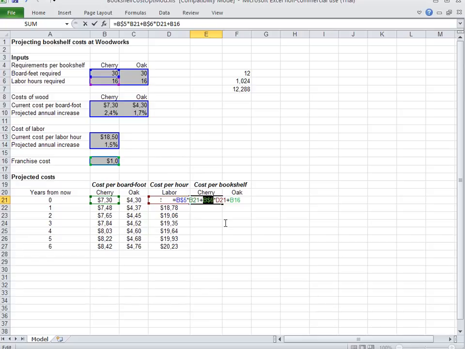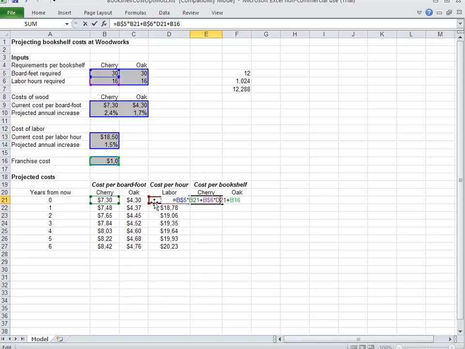The next thing we want to consider is D21. If B6 was the number of hours, then D21 is how much 1 hour will cost in the current year. So it has to move up and down to the next years.